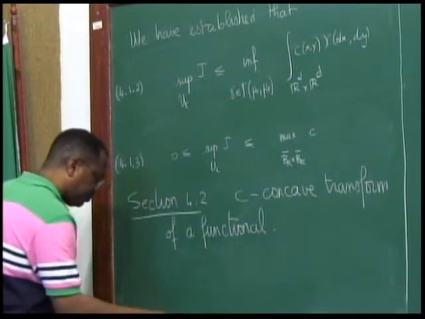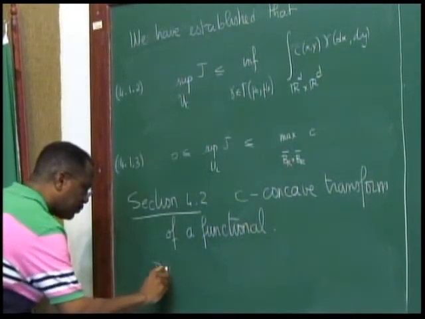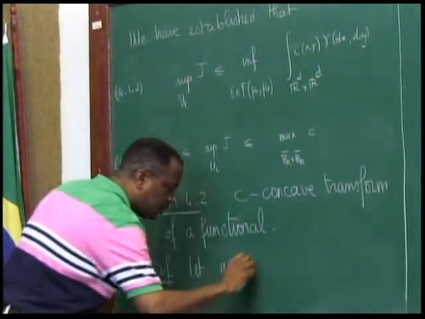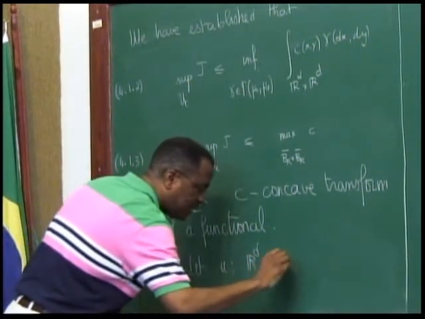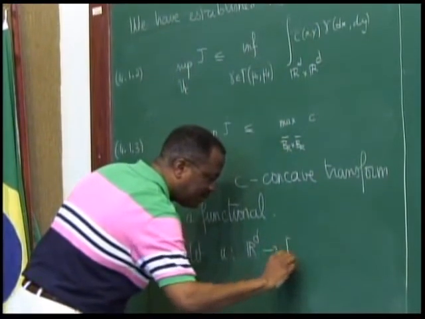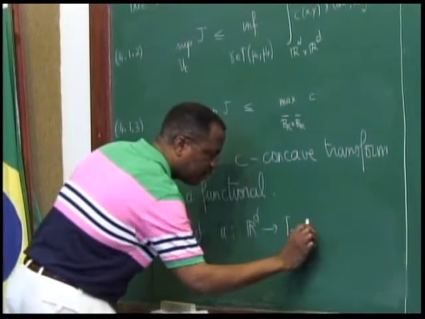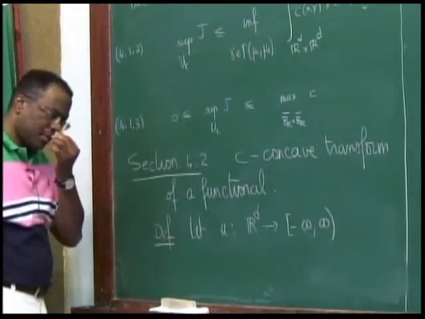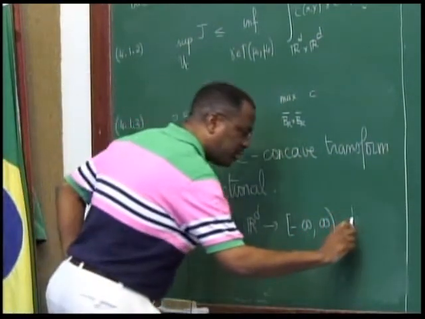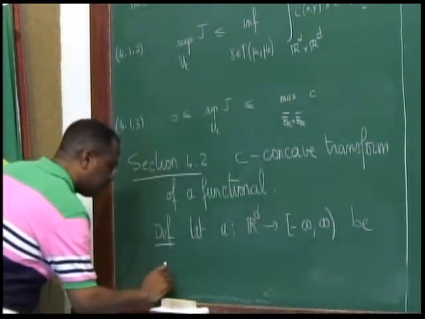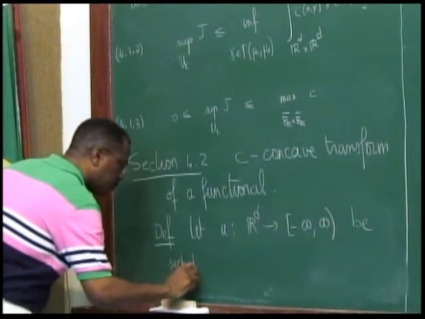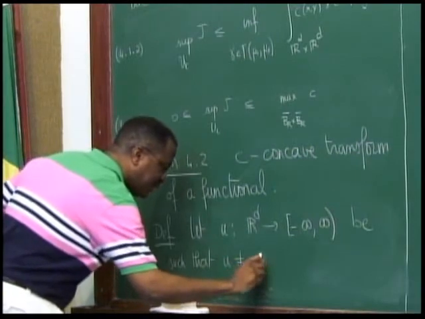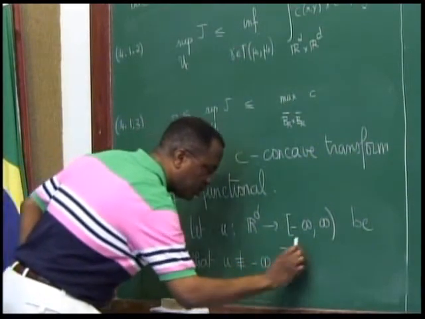Definition. Let u be a functional from Rd to negative infinity, plus infinity, be such that u is not identically negative infinity.